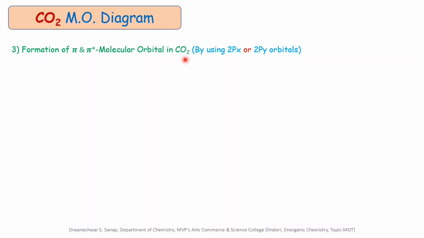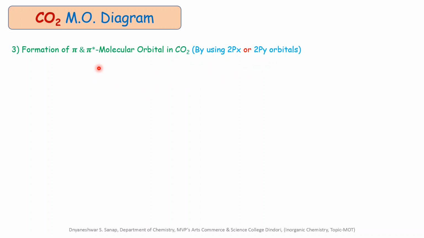Basically, pi molecular orbital is formed by using only 2px or 2py orbitals of carbon and oxygen, because we utilized the 2pz atomic orbital for the formation of sigma bonding and antibonding molecular orbitals in CO2, and that's why the remaining 2px and 2py orbitals, which are perpendicular to the 2pz atomic orbitals, easily participate in the formation of pi bonds by lateral overlap, and that's why the pi bond is formed by using only 2px and 2py orbitals.